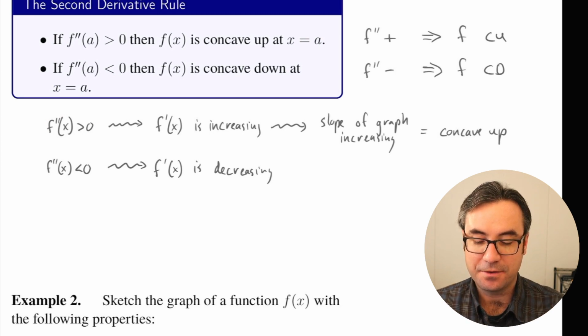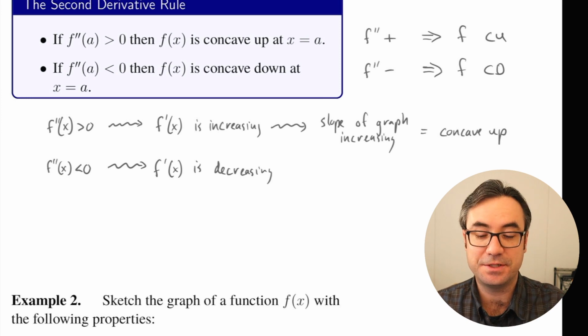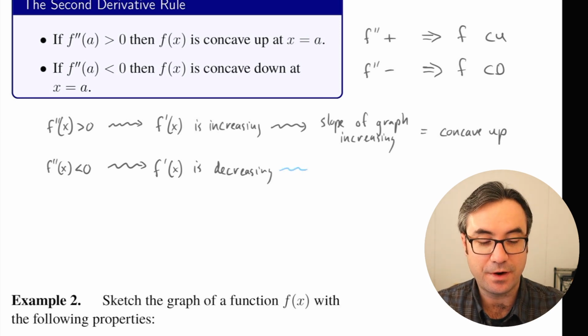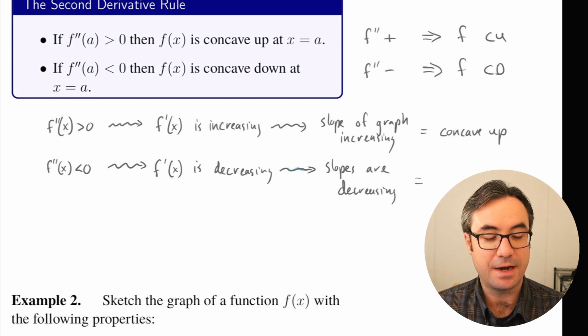And so if our second derivative is negative, that means the first derivative is decreasing, which means the slopes of our graph are decreasing. And if our slopes are decreasing, that's precisely what it means to be concave down.